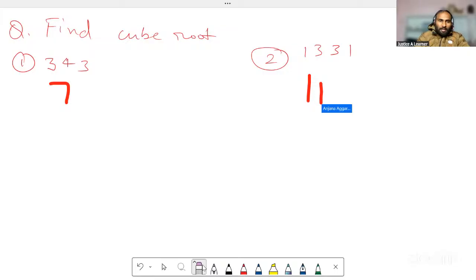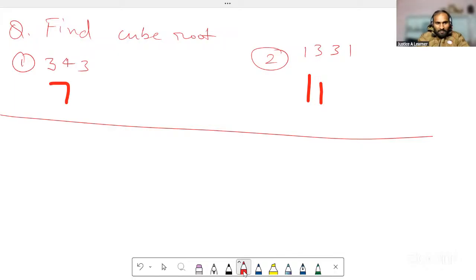Good job. I hope you already know this because we already discussed it. What if I am talking about finding squares? If I give this number, 2 to the power 2, this is called a square, right?